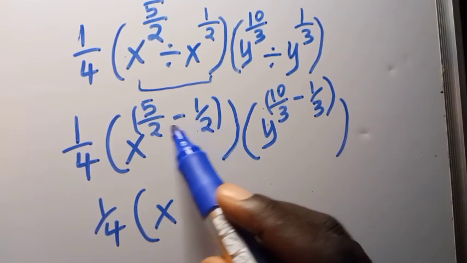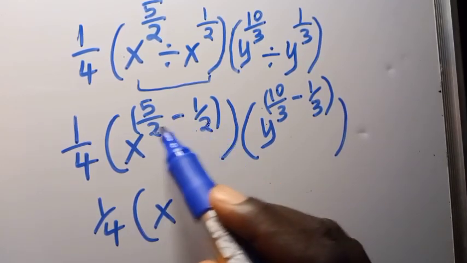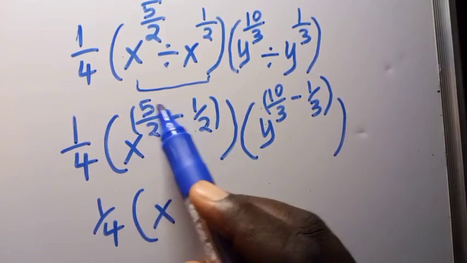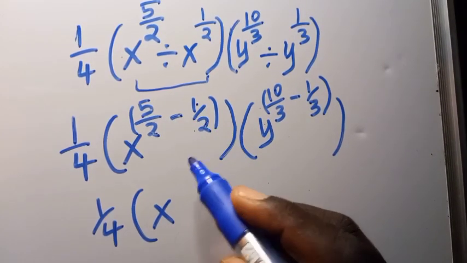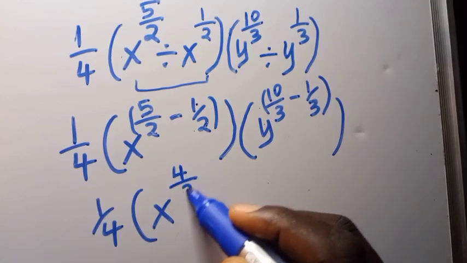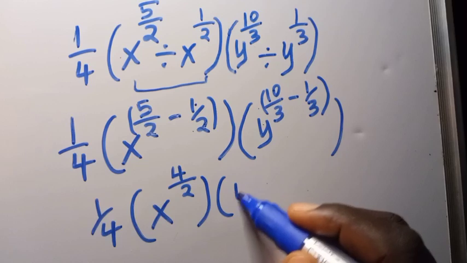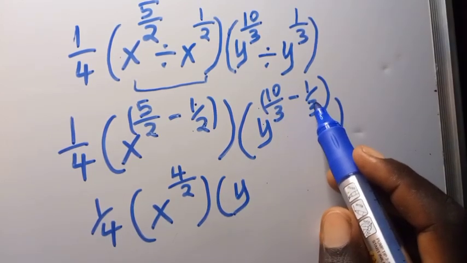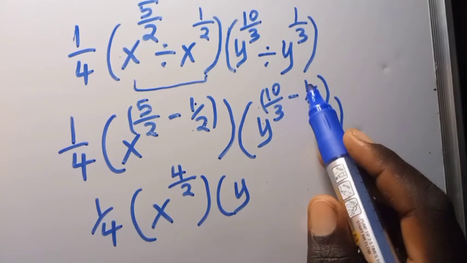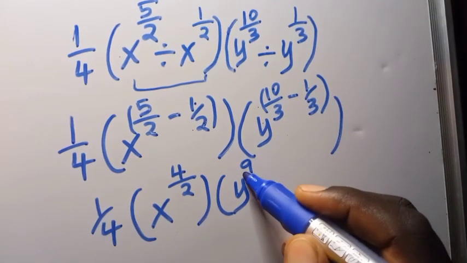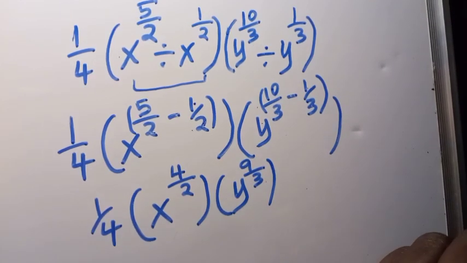And therefore, if the LCM is 2, and what we have in the denominator is 2 and 2, then we just say 5 minus 1. 5 minus 1 is 4. Then what is in the denominator is 2. So we shall have 4/2. Then close the bracket into y raised to, since what we have in the denominator is the same, then we just say directly 10 minus 1, which is 9. Over what is in the denominator is 3. Then we close the bracket that way.